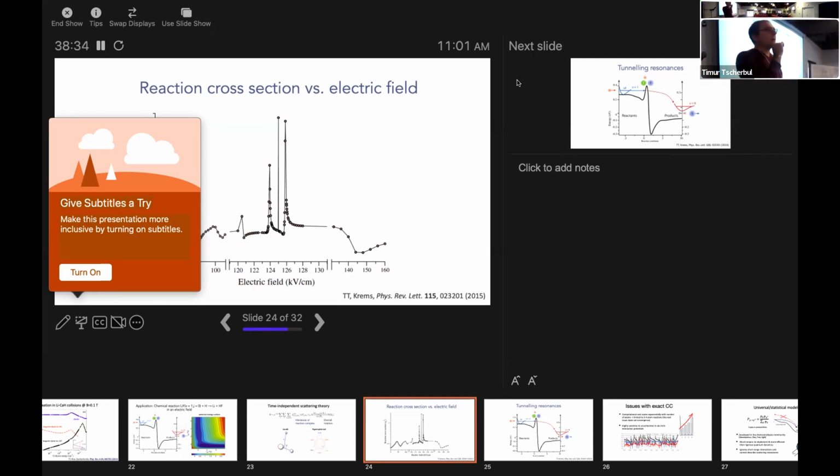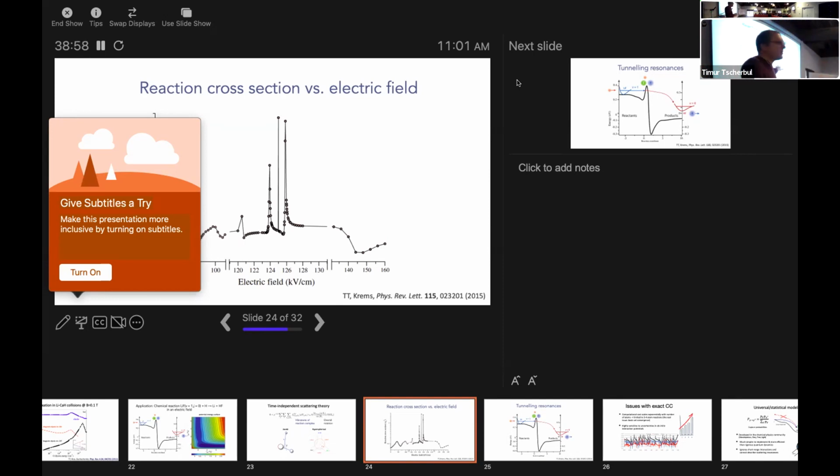They were originally discovered in the absence of an external field by Joel Bowman, a famous physical chemist, in the early 2000s, and they call them tunneling resonances, and we just refer to them. This is a known phenomenon in physical chemistry, but I think most of the wave function is in the entrance channel, and it kind of goes into the exit channel as well.